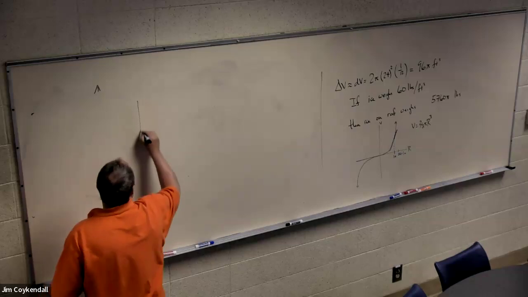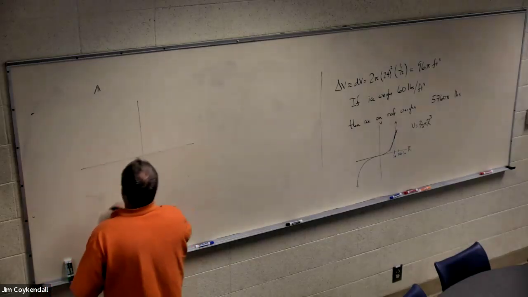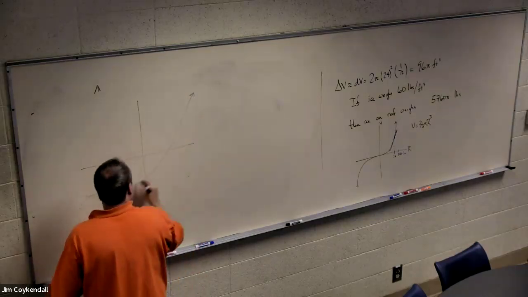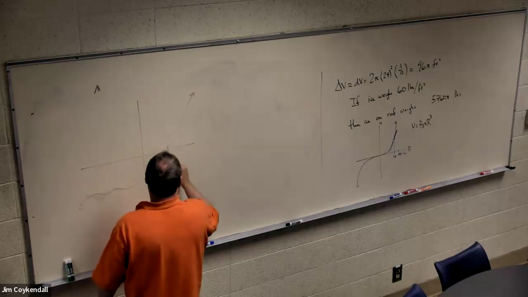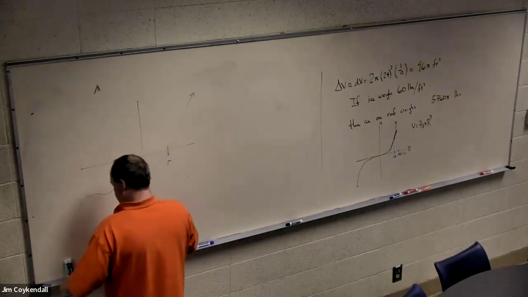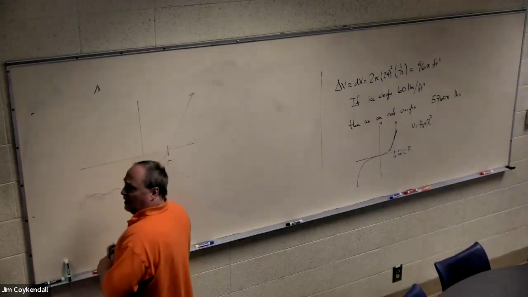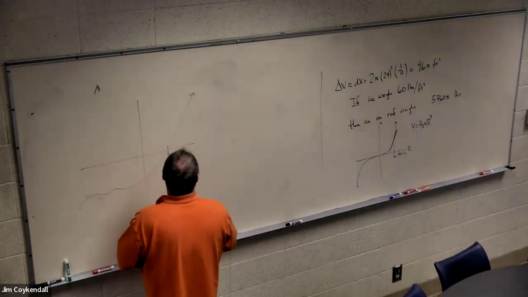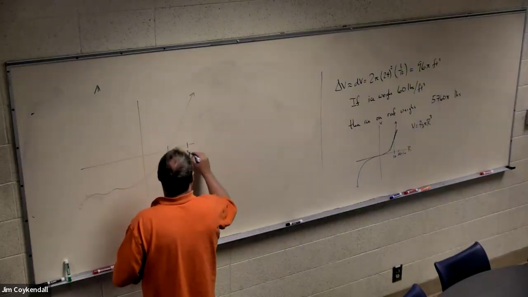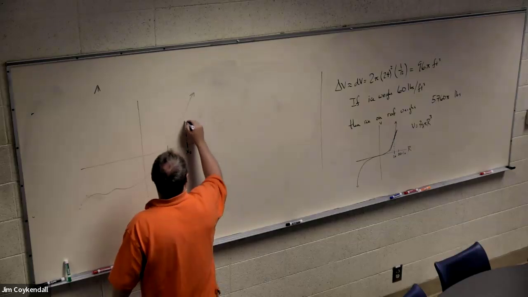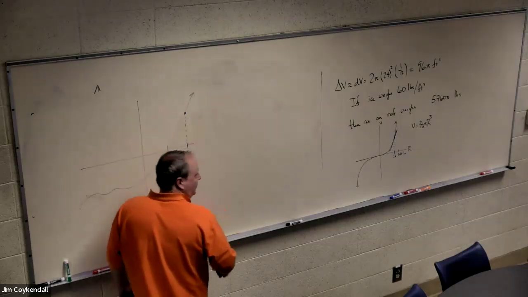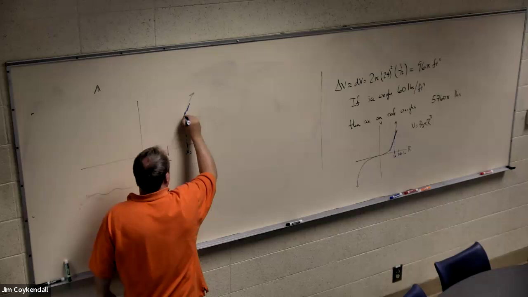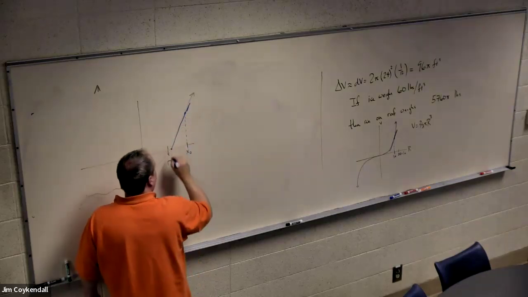Right. So we've got a function, and it's got one root. And here it is. Suppose you have initial approximation, x zero. What does Newton's method do? Newton's method draws a tangent line at this point to give you this approximation.